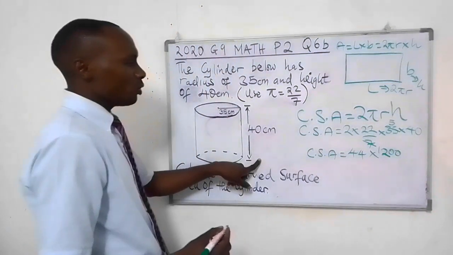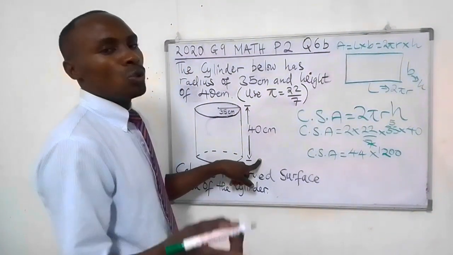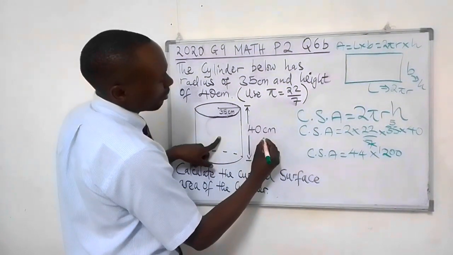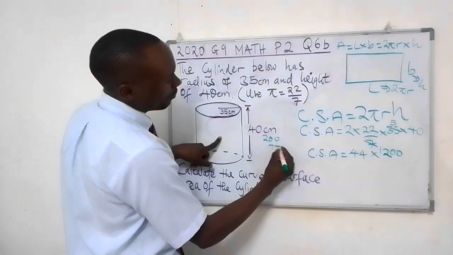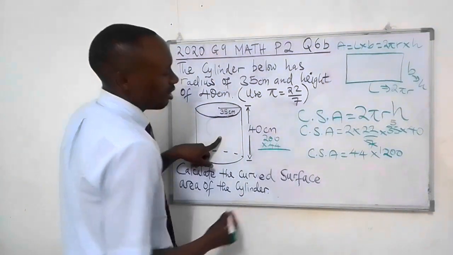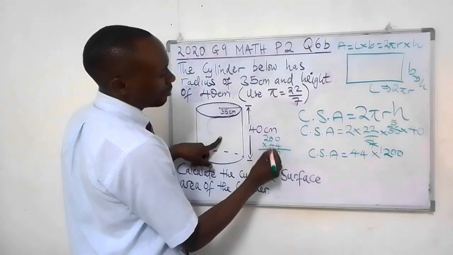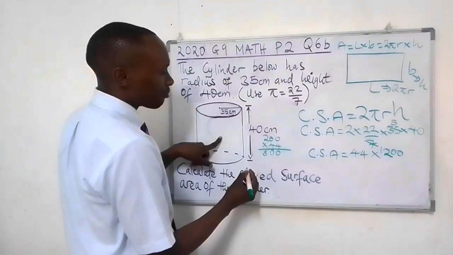Now let's show the multiplication of 44 and 200. 200 is multiplying with 44. 4 times 0 is 0, 4 times 0 again is 0, 4 times 2 gives 8.